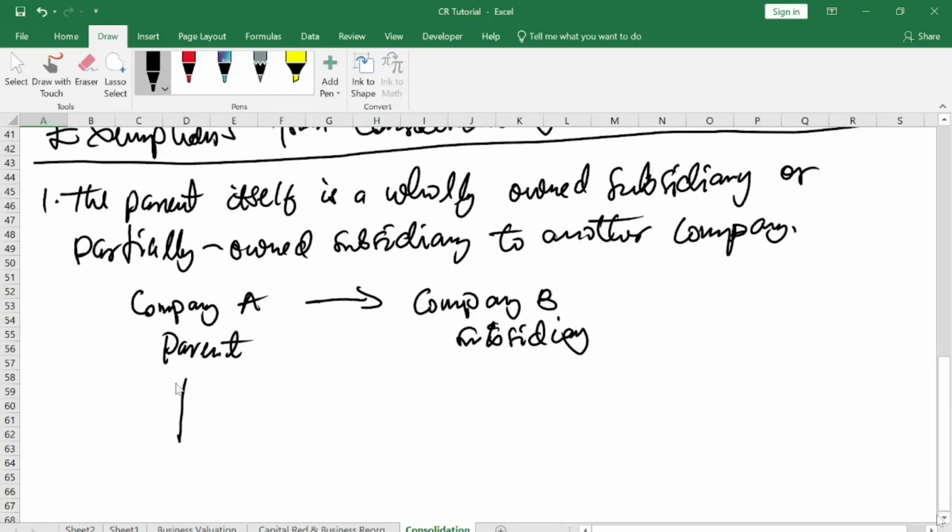However, if company A is also acquired by company C, you realize that company C is parent to company A. So for that reason, company A cannot consolidate company B, because company C owns company A. Since company A belongs to company C, company A cannot consolidate company B. This is what we call a complex group.